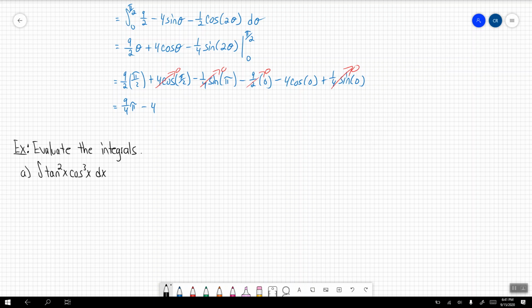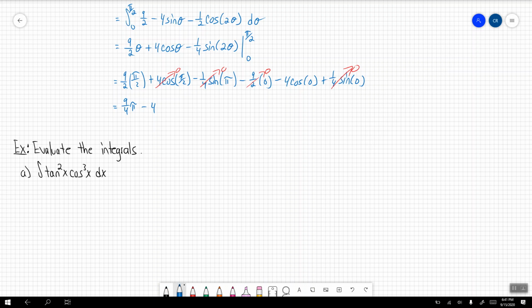Now, in this particular case, you're going to see that this integral doesn't really satisfy one of the other integrals that we're initially looking at. So we have to keep that in mind.